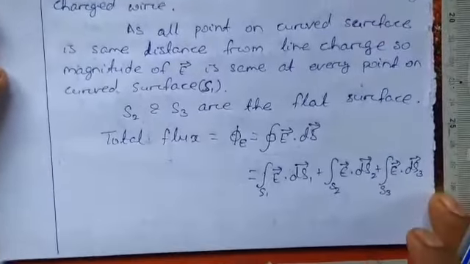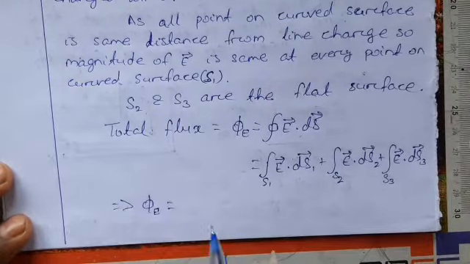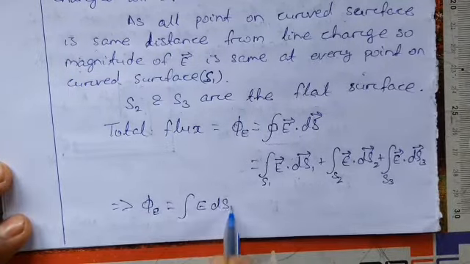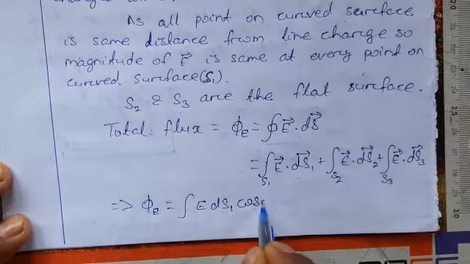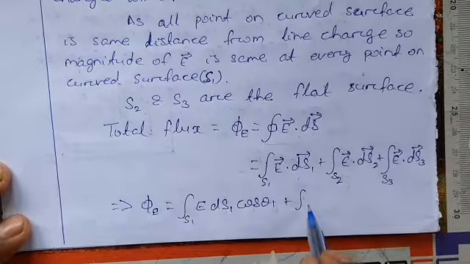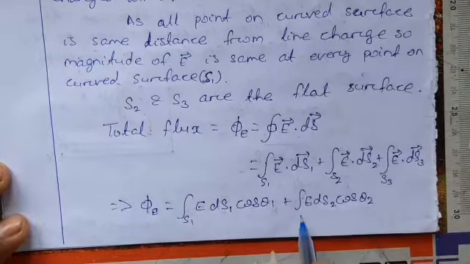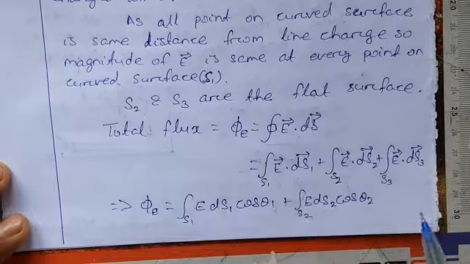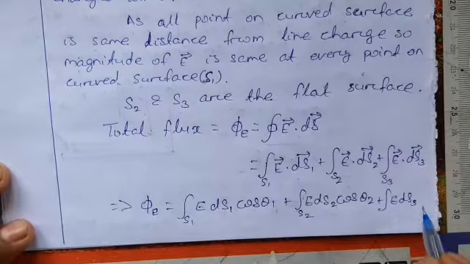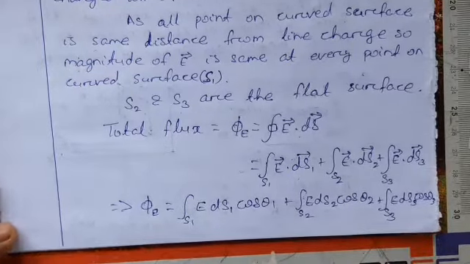Now I will derive it. Then I can write the total flux is equal to integration E ds1 cos theta 1 over the surface S1 plus integration E ds2 cos theta 2 over the surface S2 plus integration E ds3 cos theta 3 over the surface S3.